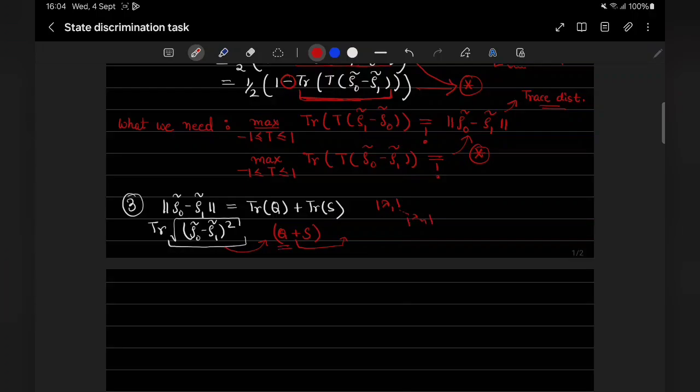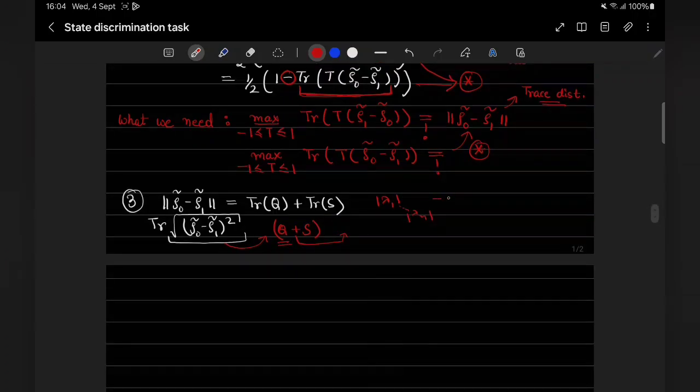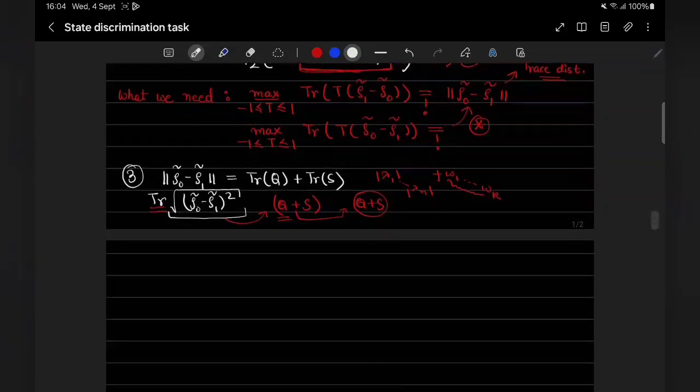So this is in Q, and then I have minus omega 1 to omega k, which are in S basically, but because I am taking the mod I will get a plus sign. So that's the point. So this is Q plus S, and then I am taking the trace here. So this gives me this particular expression.